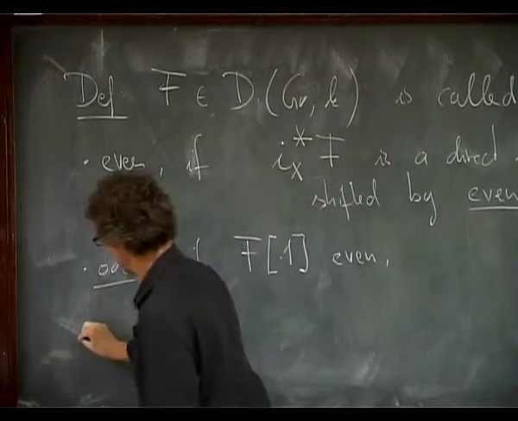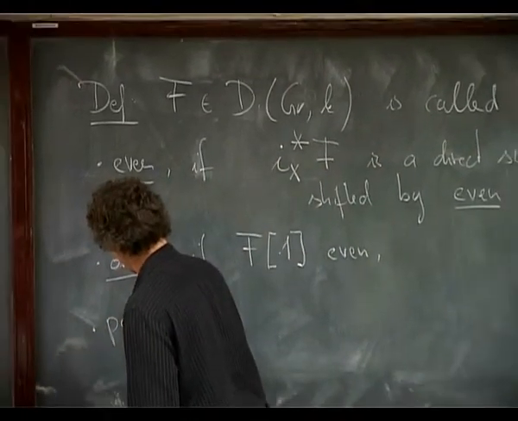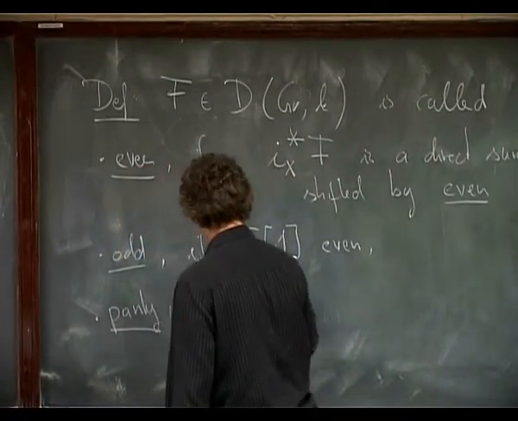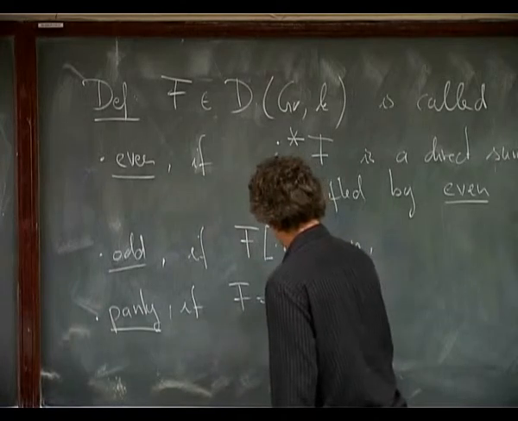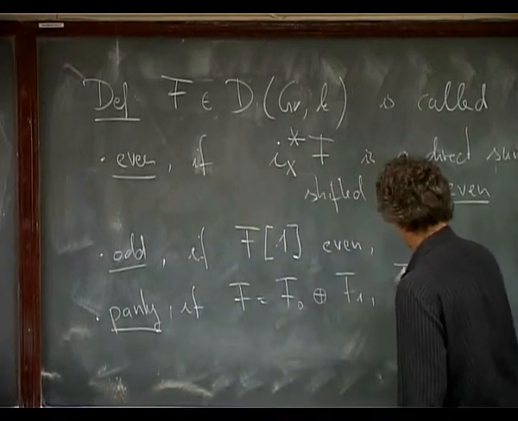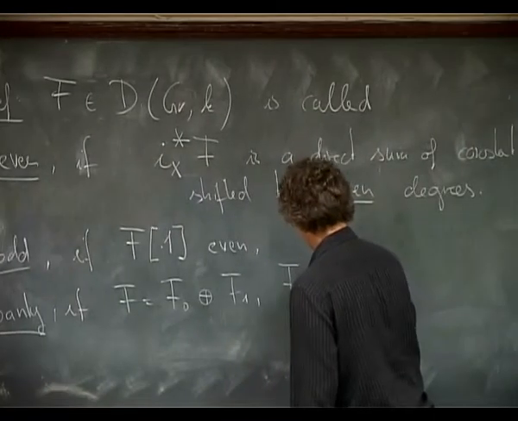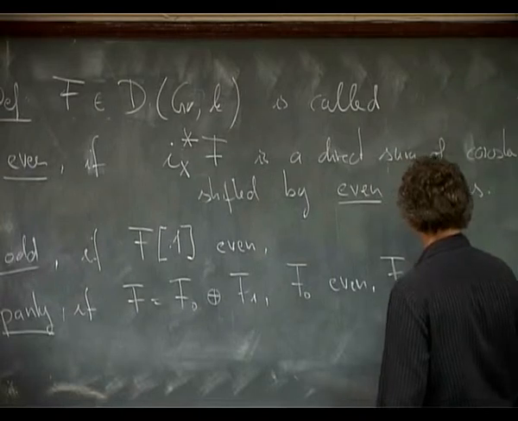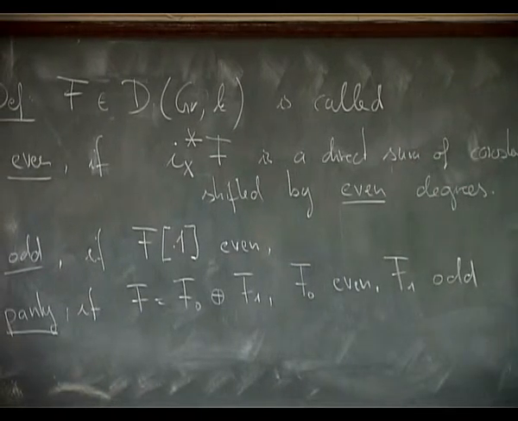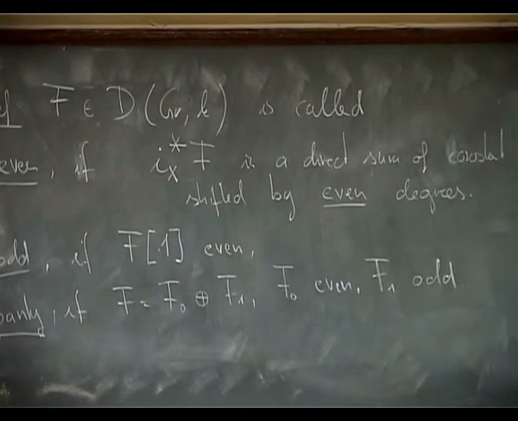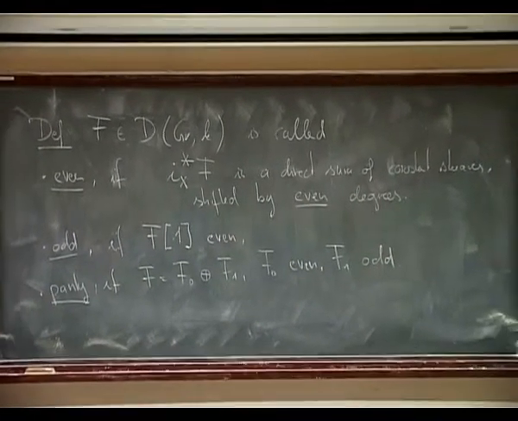And it's a parity sheaf if F can be written as F0 plus F1, where F0 is even and F1 is odd. So it's kind of simple to write down this condition.